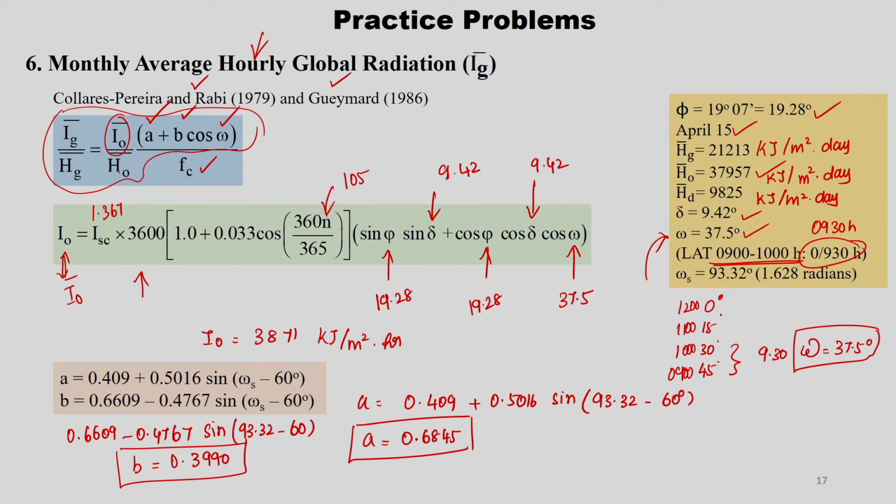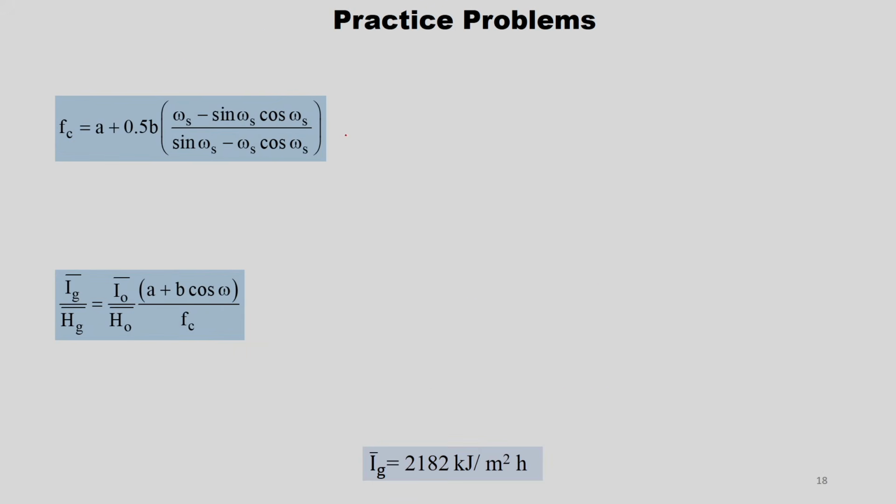Then Goimard in 1986 added this correction factor Fc, so that the Ig value is competent with the actual solar radiation value.